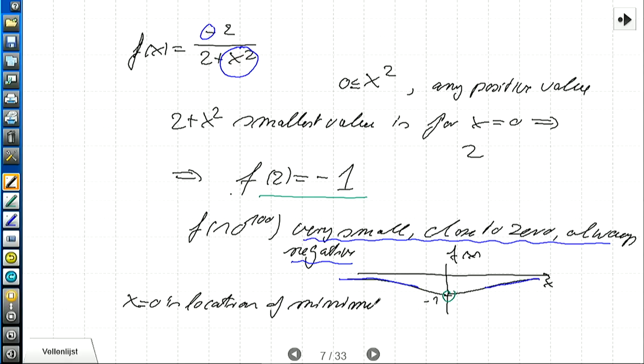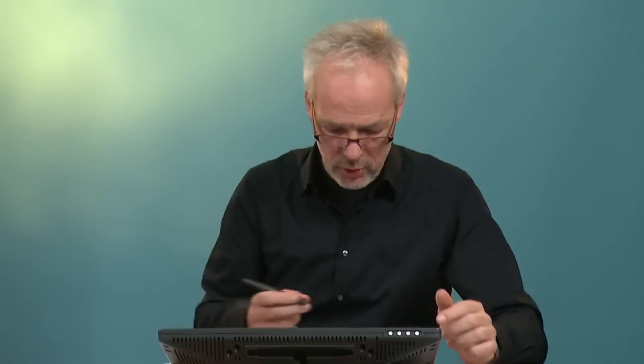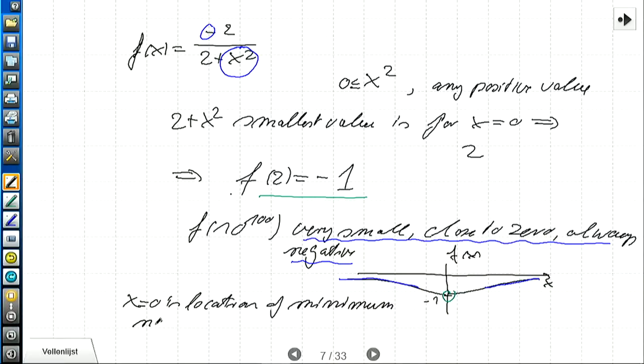And you recall the example in the lecture. This function has no maximum. If I approach something and I don't touch it, it's not a maximum. So no maximum.